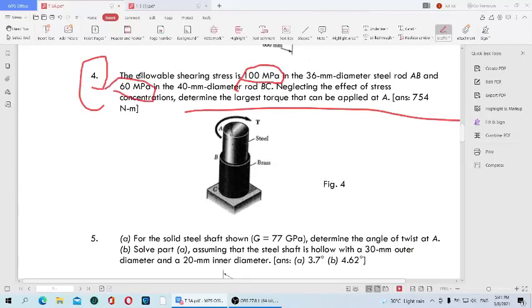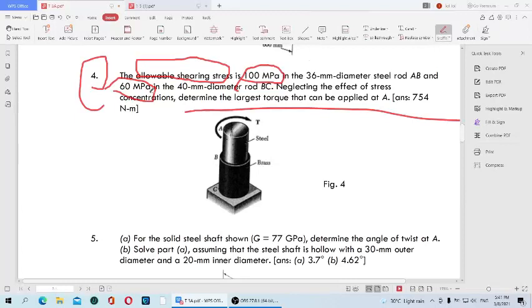What does it mean by allowable shearing stress? It means if you apply a torque and the torque produces a shearing stress of 100 megapascal for shaft AB, this object will fail. The same goes for cross section BC.